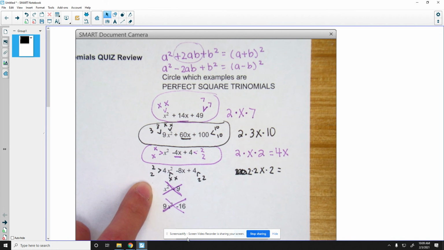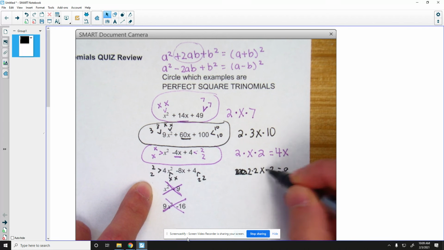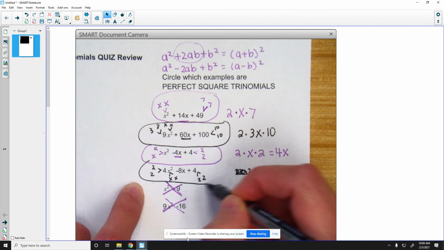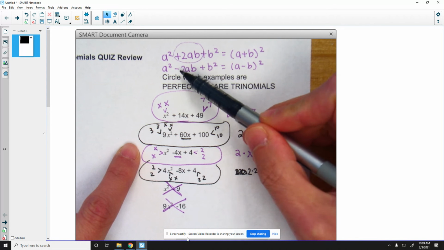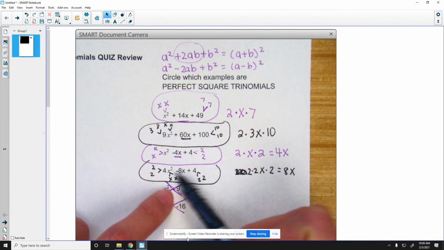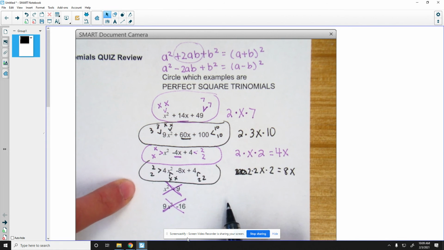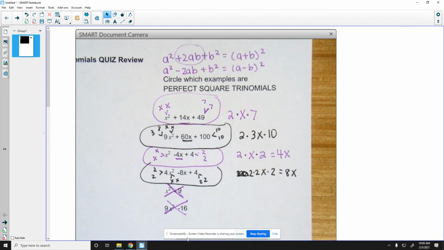Yes or no? Yes, right? Because 2 times 2 times 2 is 8 with an x. Even though there's a negative, that's okay because we already cleared it here with a negative and then a positive. So it fits that pattern. So all of these are, but then these two would not be. So that's what you're going to use for that first quiz that you're going to take today. And I think those are really the two most challenging things on that quiz.